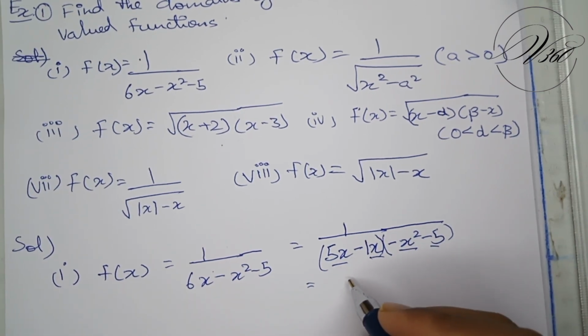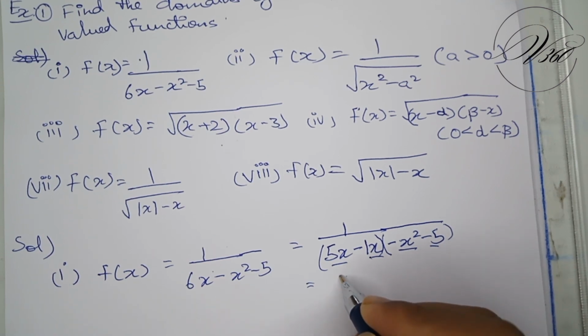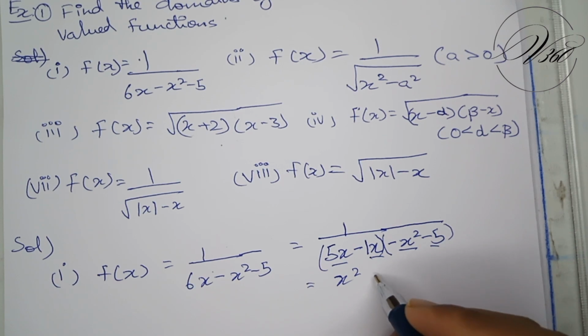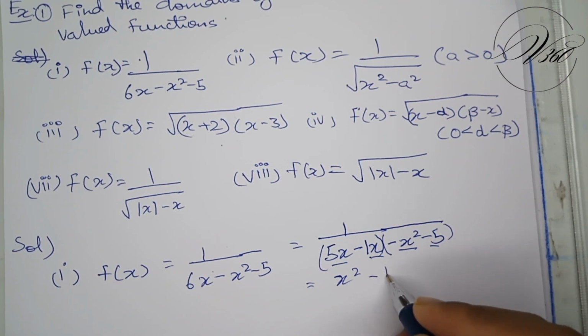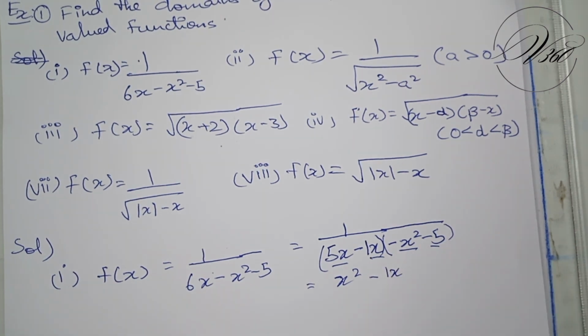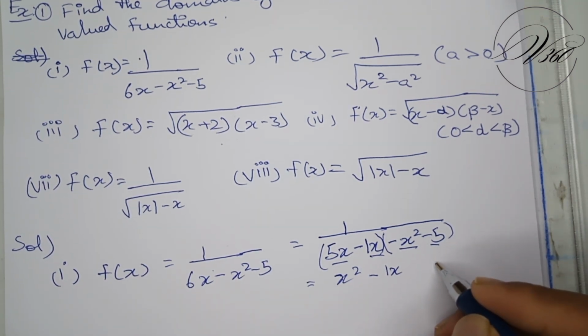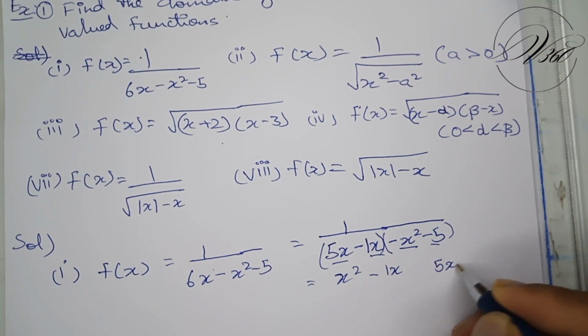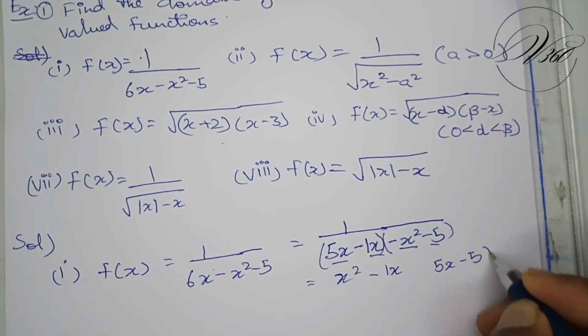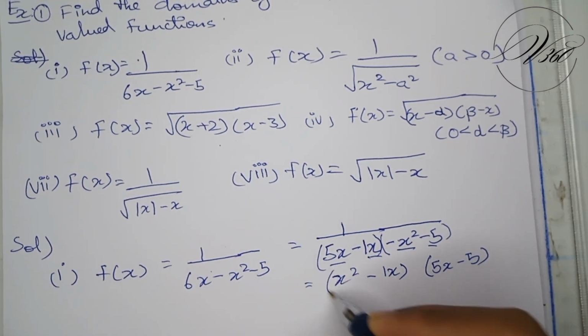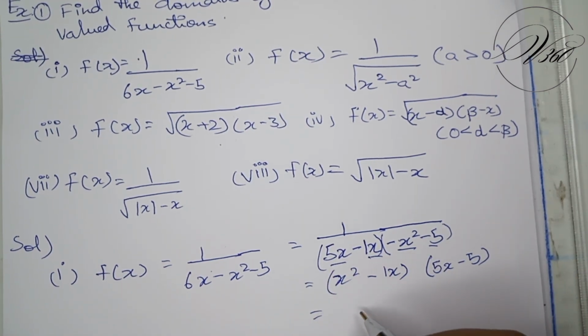Now we will take first x square minus 1x, okay, and here 5x minus 5, okay. Yeah, let us take like this, and we will take common here.